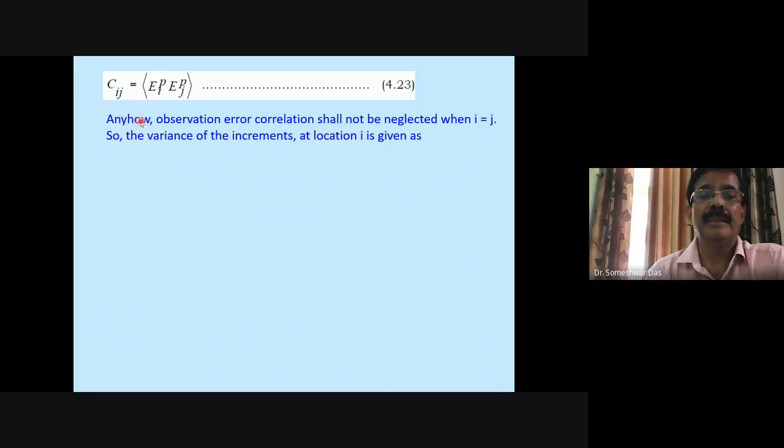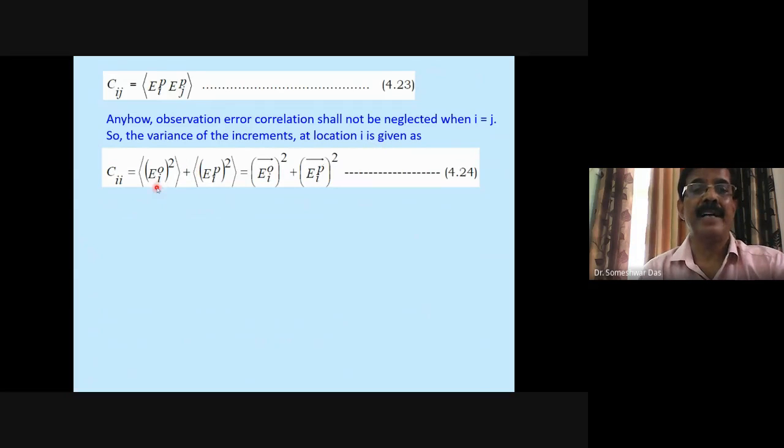Anyhow, observation error correlation shall not be neglected when I is equal to j. So the variance of the increments at location I is given as Cii is equal to the average of the square of (EIO plus EIP), which is represented as EIO square plus EIP square.